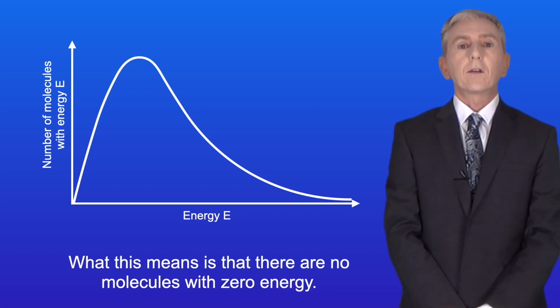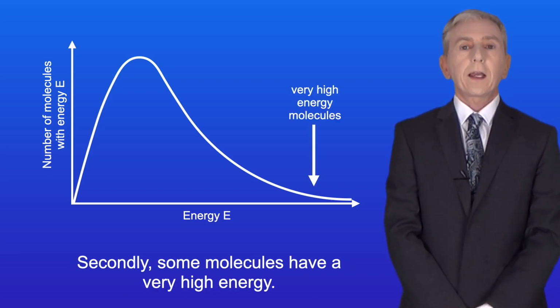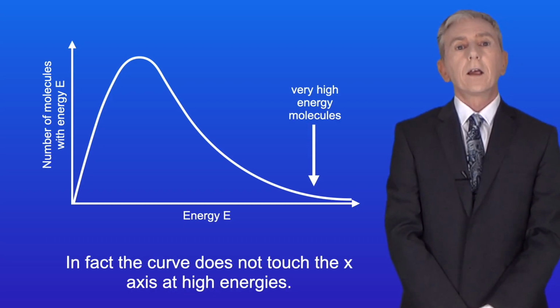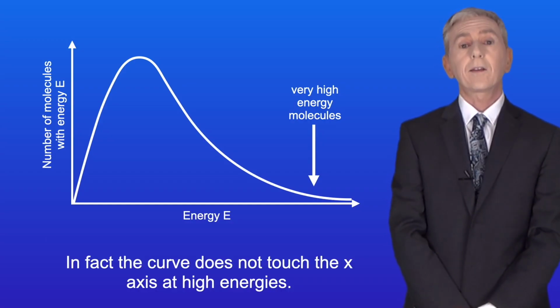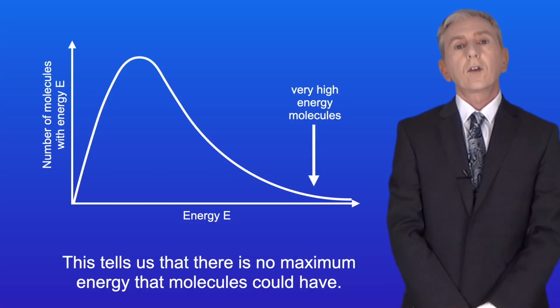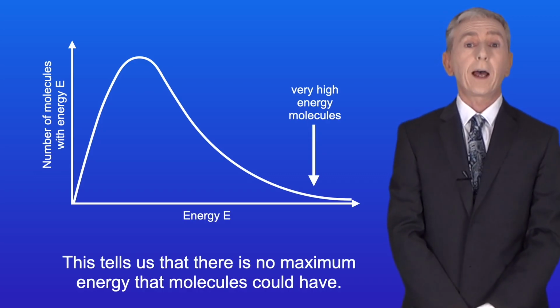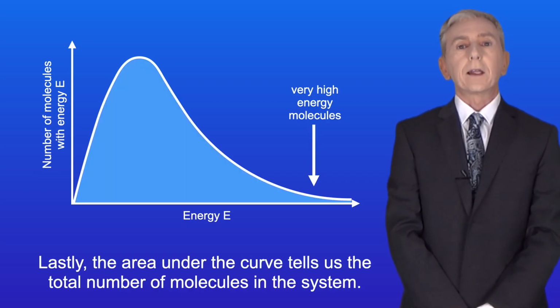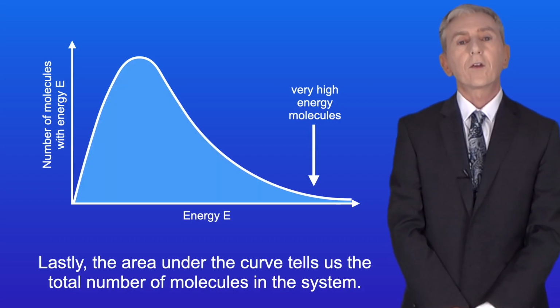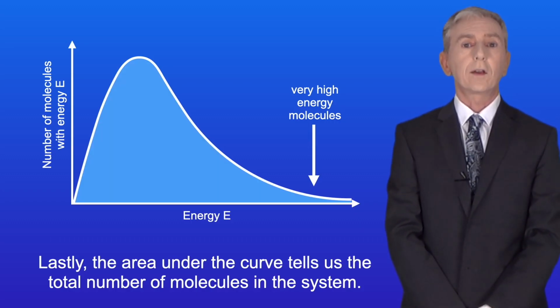What this means is that there are no molecules with zero energy. Secondly, some molecules have a very high energy. In fact, the curve does not touch the x-axis at high energies. So this tells us that there's no maximum energy that molecules could have. And lastly, the area under the curve tells us the total number of molecules in the system.